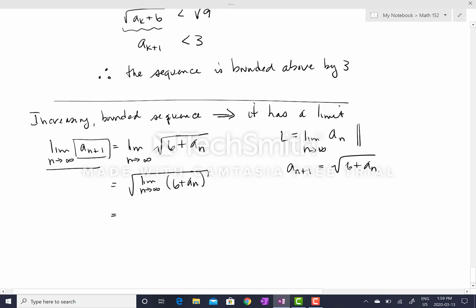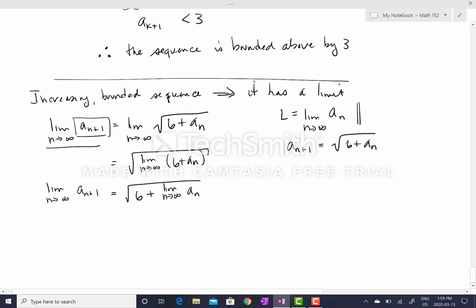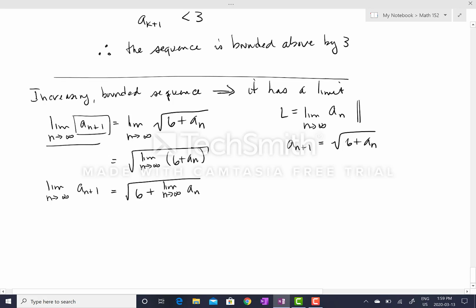Then I proceed here, and the limit as n goes to infinity of 6 is simply 6. So then I've got 6 plus the limit as n goes to infinity of a_n. And over on this other side, I still have the limit as n goes to infinity of a_{n+1}. I have given the limit as n goes to infinity of a_n a number.